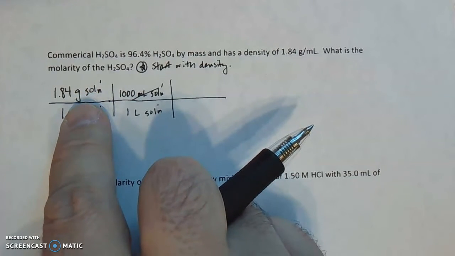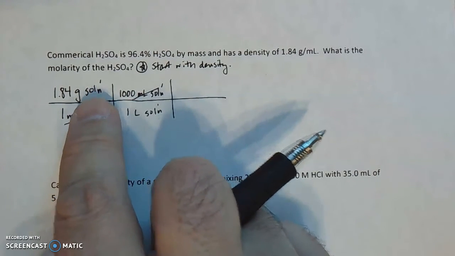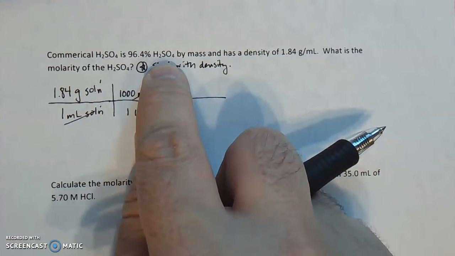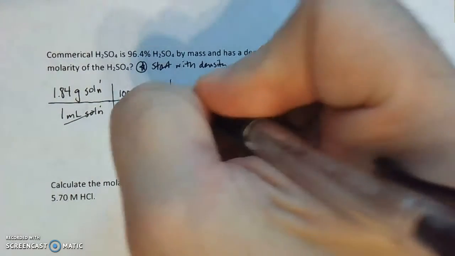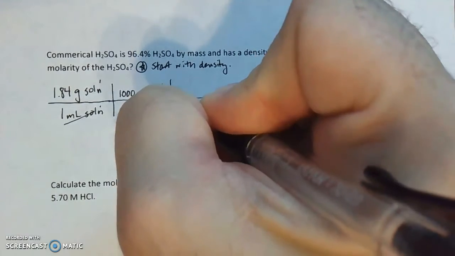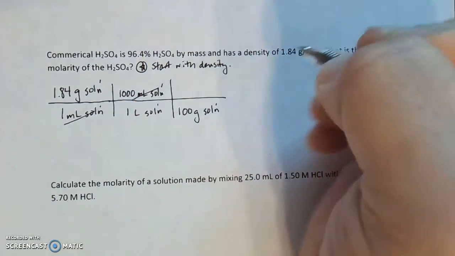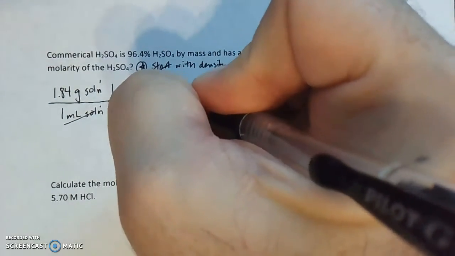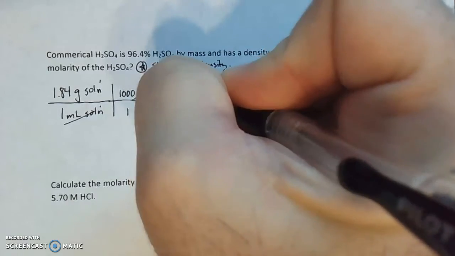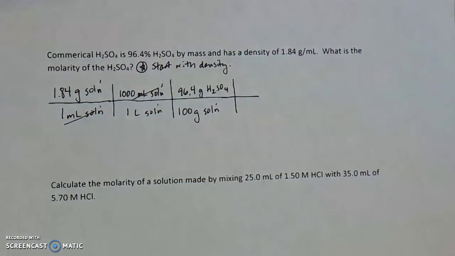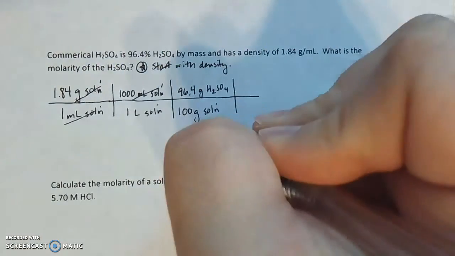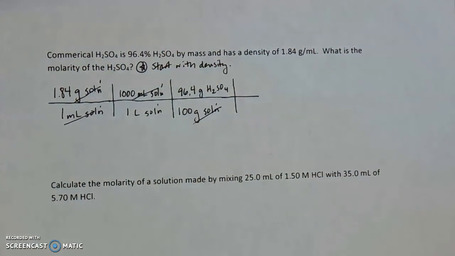So in order to go between grams of solution and grams of solute, the H2SO4, I have to use our percentage. So remember, the percent tells us that we have 100 grams of solution, and the 96.4 means that that's how many grams of H2SO4 there are in those 100 grams of solution. So that allows us to cross that off.